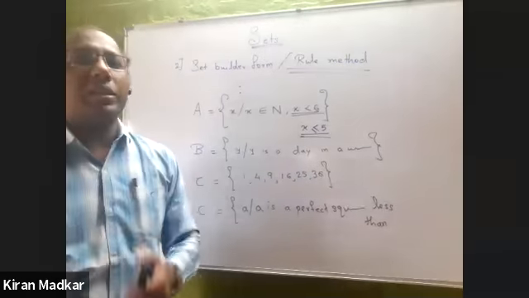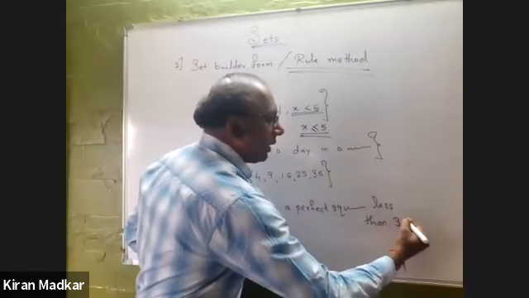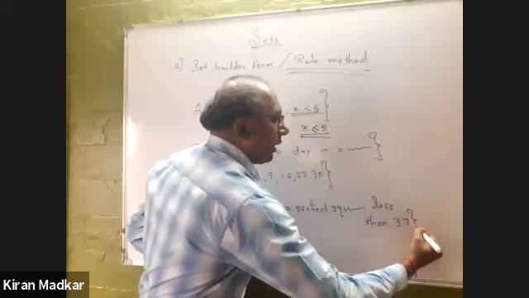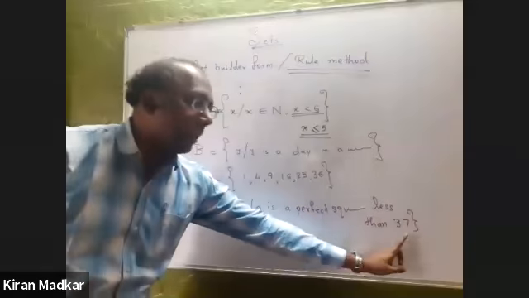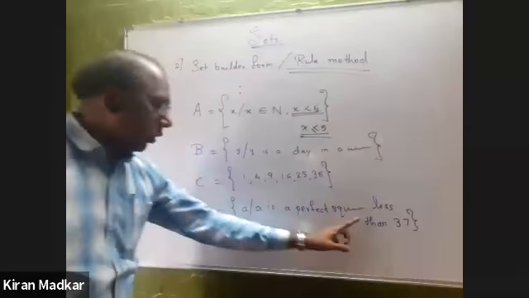Below 49, the perfect square I see is 36. So I can write anything up to 49, but I'll prefer 37. Any number from 37 to 49 can come here. Definitely 50 can't come. So this is the rule given.